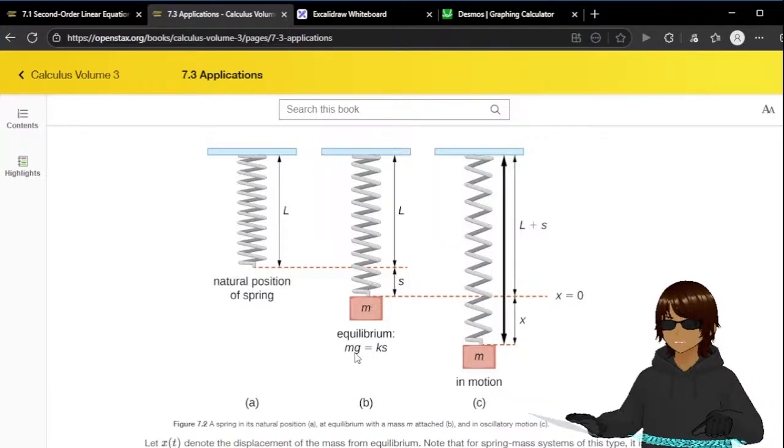So that's why we have ks over here. Oh, this is the equilibrium position. So the weight of the mass cancels out with the upward force. So mg is equal to ks. And then from this equilibrium position, they decided to make this x equal to 0. So x is the displacement from the equilibrium position.